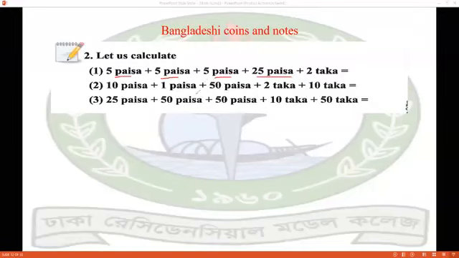So there is 5 paisa, 5 paisa, 10 paisa, and 5 paisa, 15 paisa, and then 25 paisa. So there will be 40 paisa, and 2 taka. So we can write 2 taka, 40 paisa.